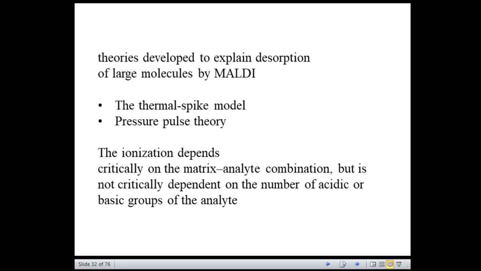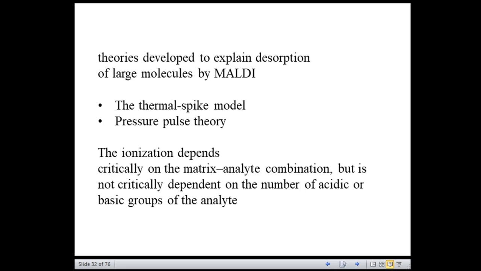In the pressure pulse theory, this theory proposes that a pressure gradient is created normal to the surface, and desorption of large molecules might be enhanced by momentum transfer from collisions with fast moving matrix molecules. Right.